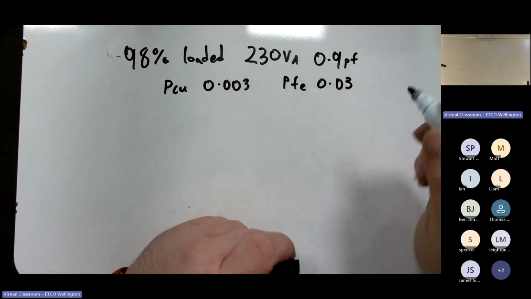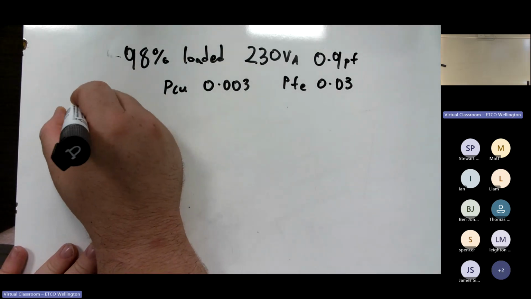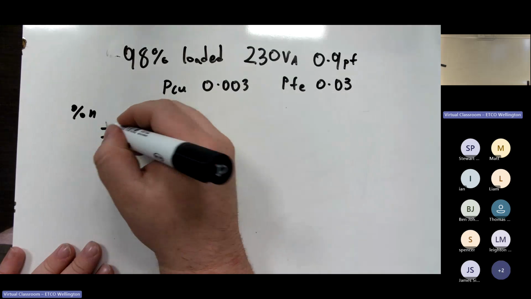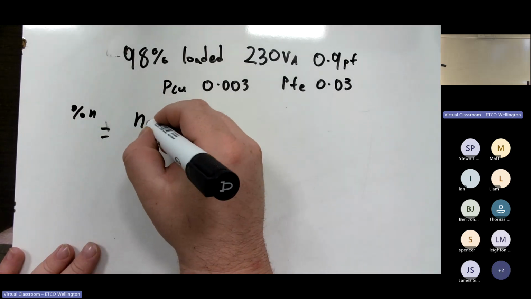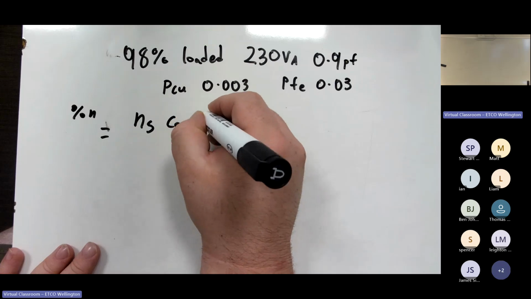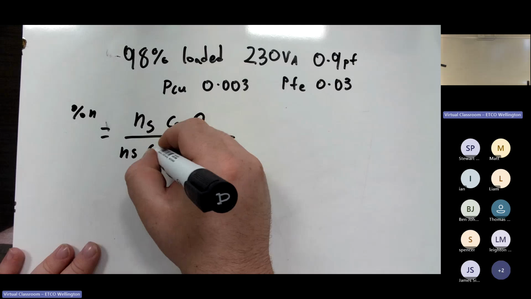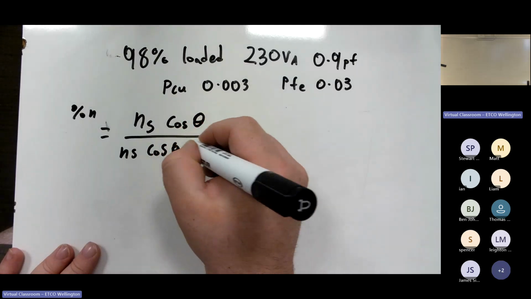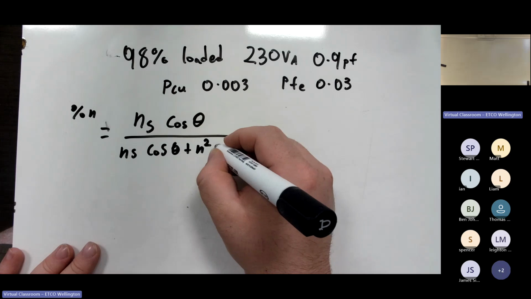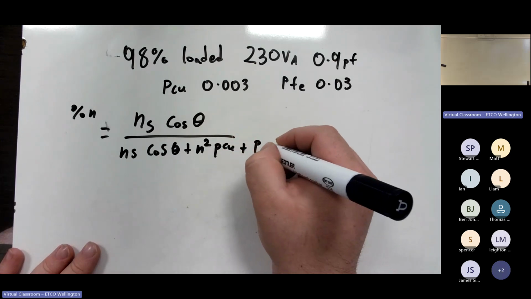The formula we were looking at before: percentage efficiency equals N S cosine theta divided by N S cosine theta plus N squared PCU plus PFE.